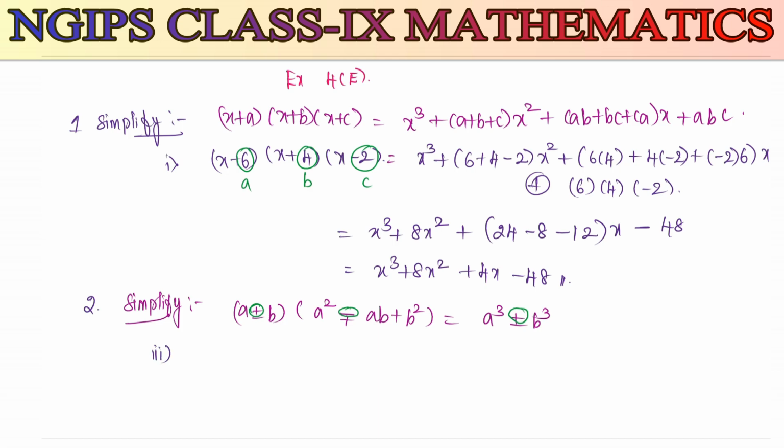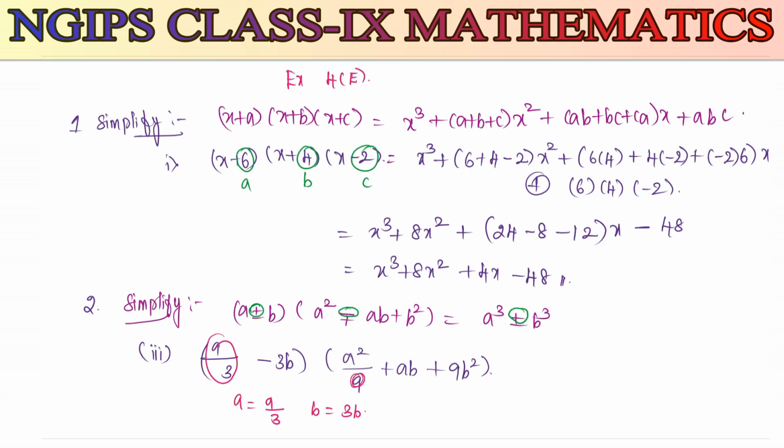Okay, now here the third sub question: (a/3 − 3b)(a²/9 + ab + 9b²). In this first you have to fix what is a and what is b. So a is nothing but a/3, b value is 3b. Now if you look at this, when it is squared, a² and 3² gives 9.